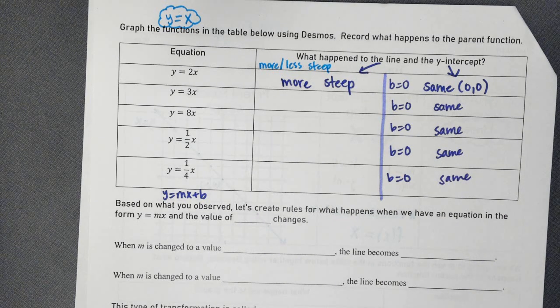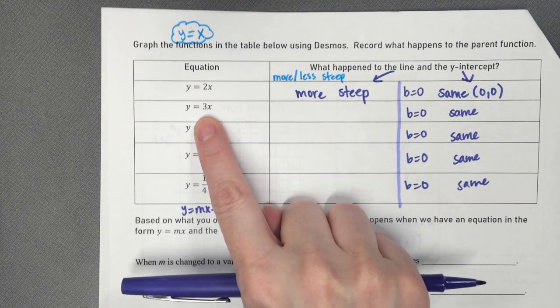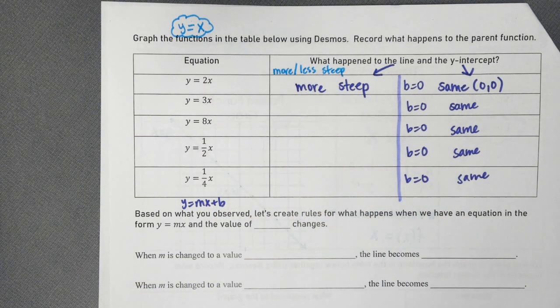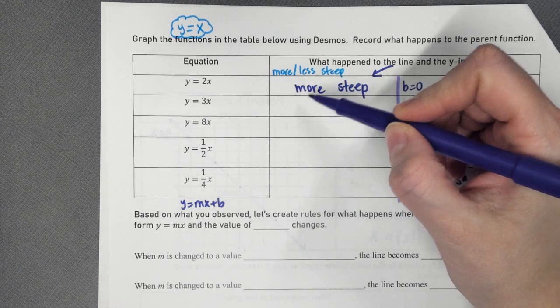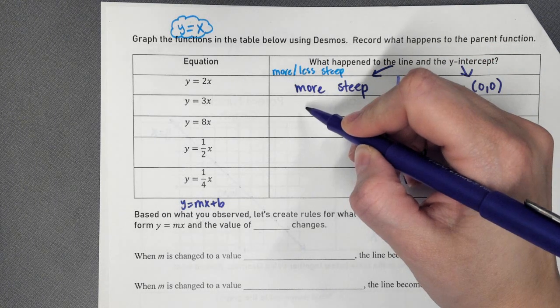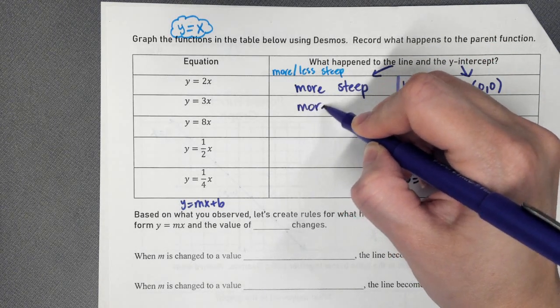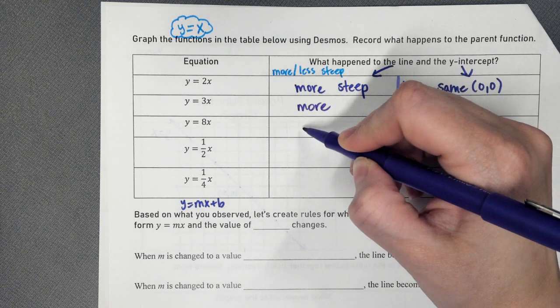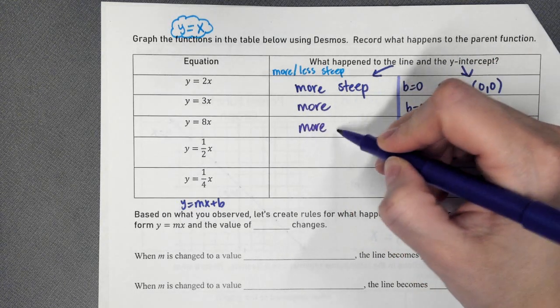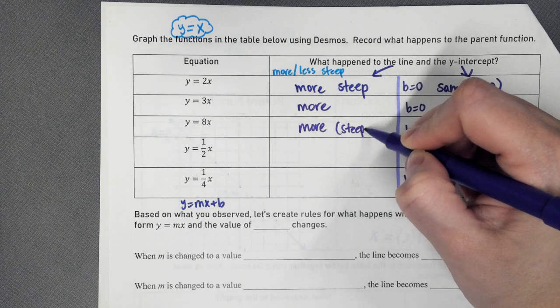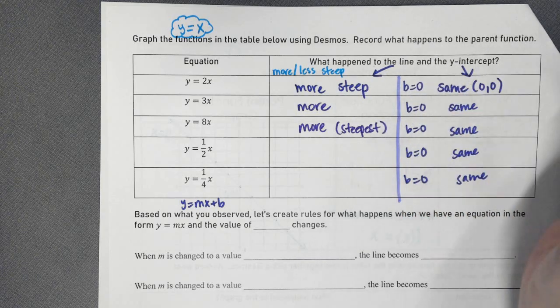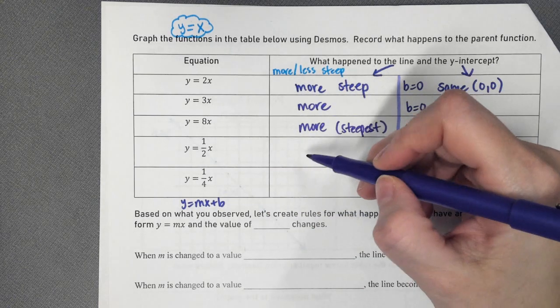Okay? All right. So for 3x, did you guys get more steep or less steep? More or less? More. 8x? More. This one was actually the steepest of all the ones that we did. What about 1/2?